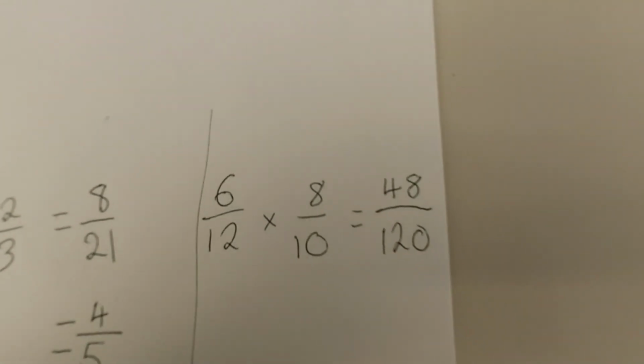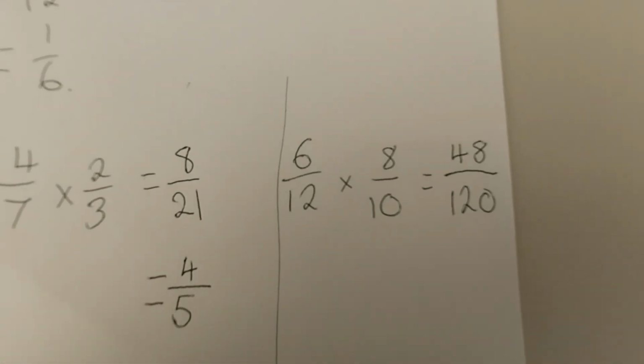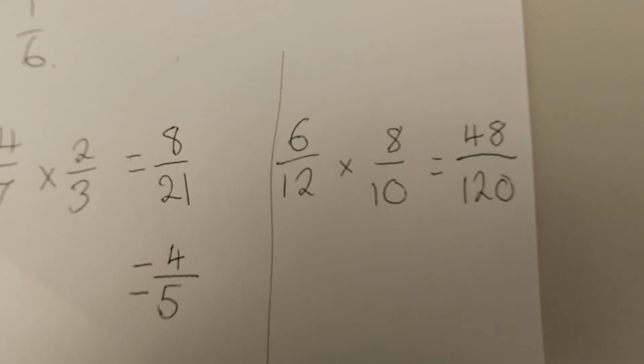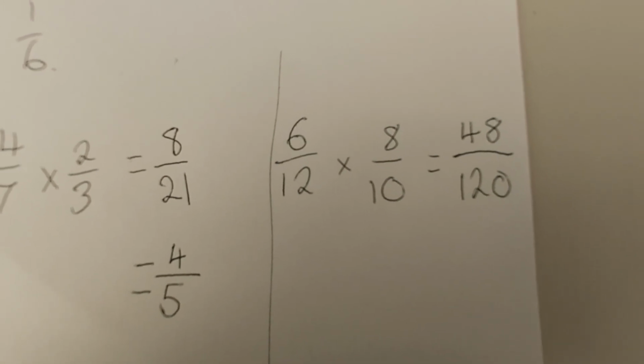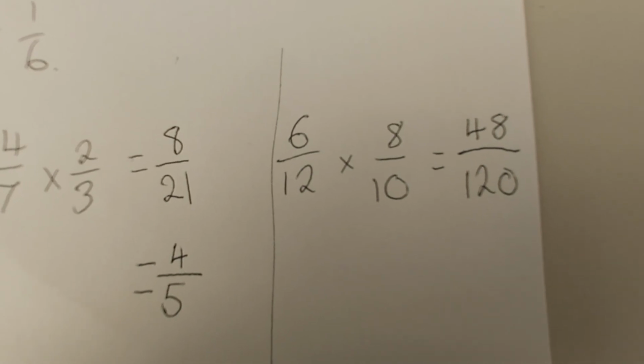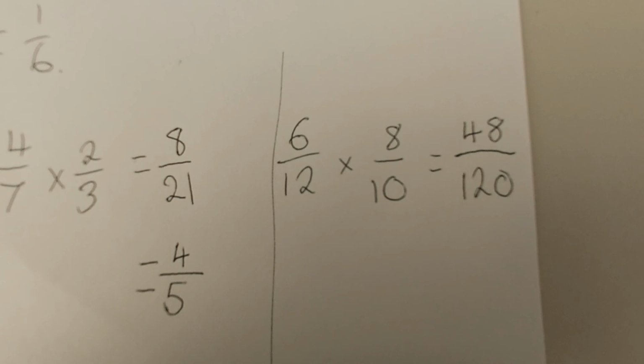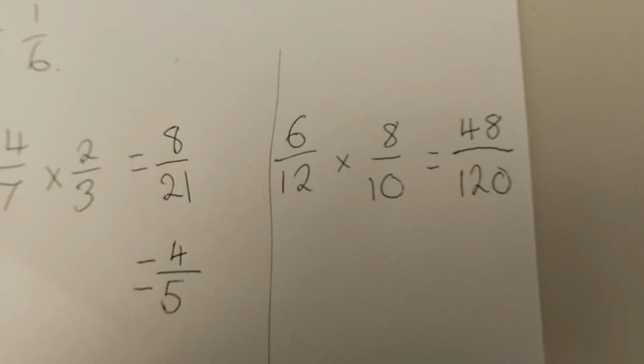I think there's a lot of cancelling down we can do with this one. Most people, especially with the larger numbers, are just going to want to half it and half it again until they come up with something. Come up with your lowest common denominator, or the lowest number that they both go into, and see how you work.